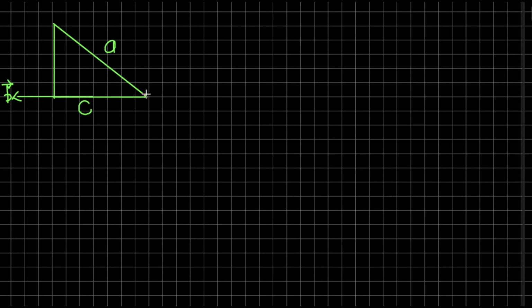Let's put the direction. This is the direction, and this is how it goes. Now look at this angle theta. By computation, cos theta is equal to C all over A, adjacent over hypotenuse.